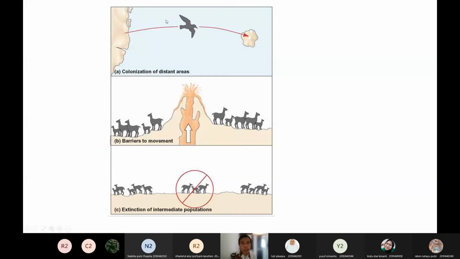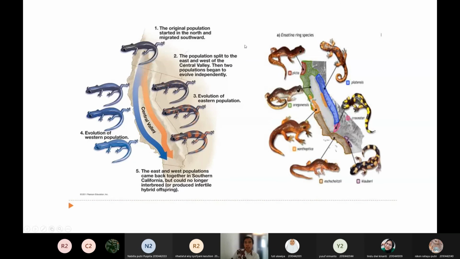And for animals with the ability to travel long distances, like birds, they could also migrate to small islands or other regions, and then start to make new populations, and therefore they will also cause an increase in biodiversity.